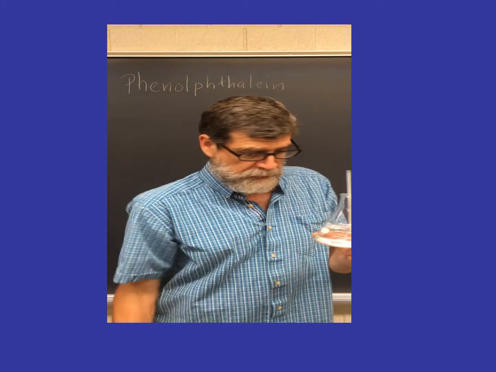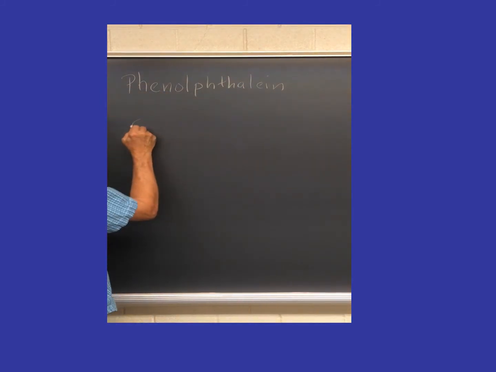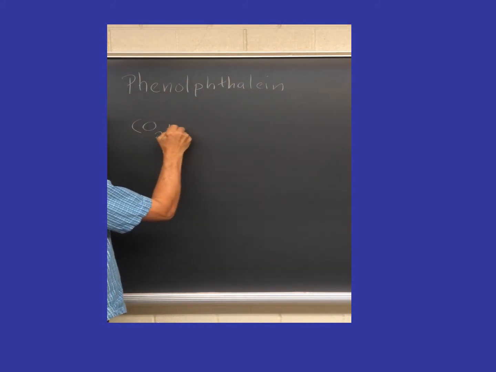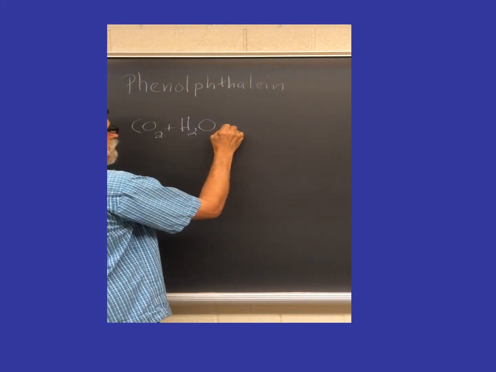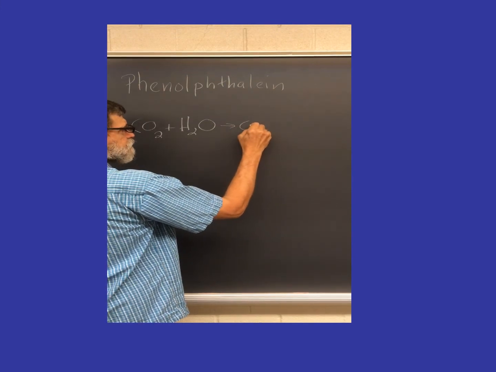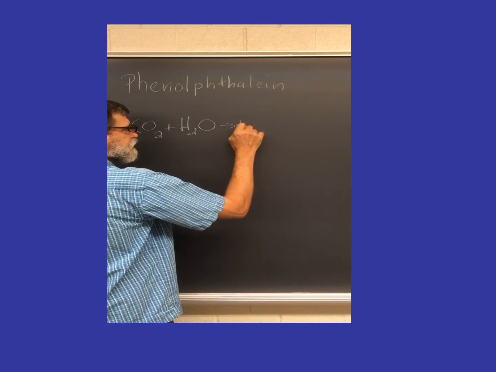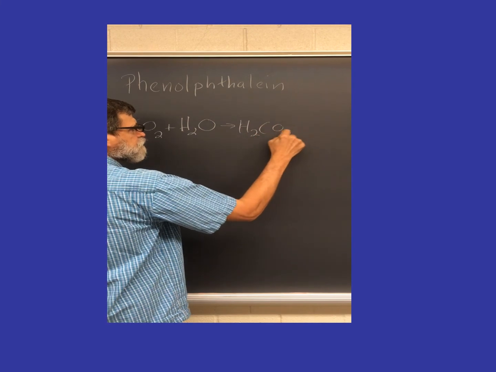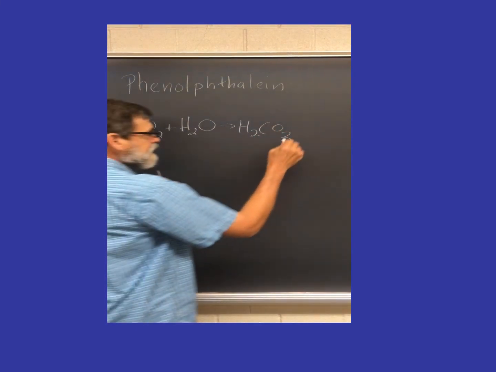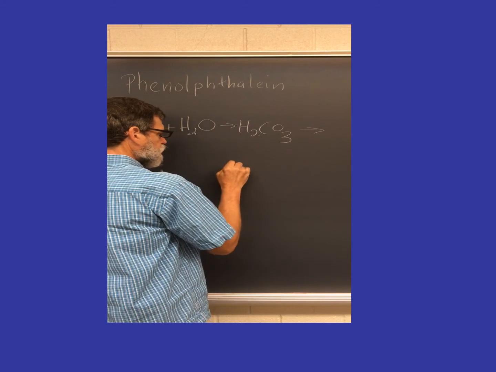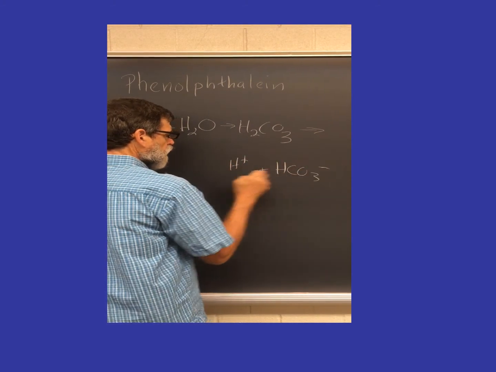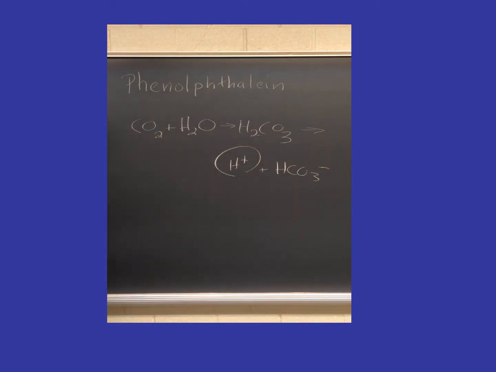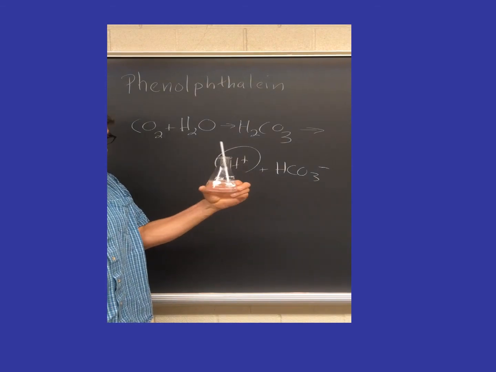All right, so what's going on here is the carbon dioxide in my breath combines with the water inside the solution to form carbonic acid, which is H2CO3. And that carbonic acid ionizes, it breaks up to release hydrogen ions and bicarbonate ions. And it's that buildup of hydrogen ions that causes the pH to drop and causes the color change.